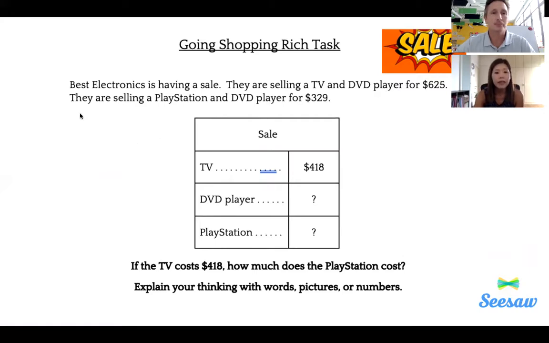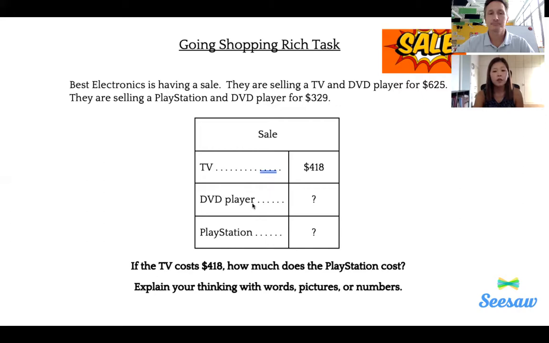They're selling a PlayStation and DVD player for $329. There's a little table there. If the TV costs $418, how much does the PlayStation cost? Explain your thinking with words, pictures, or numbers.